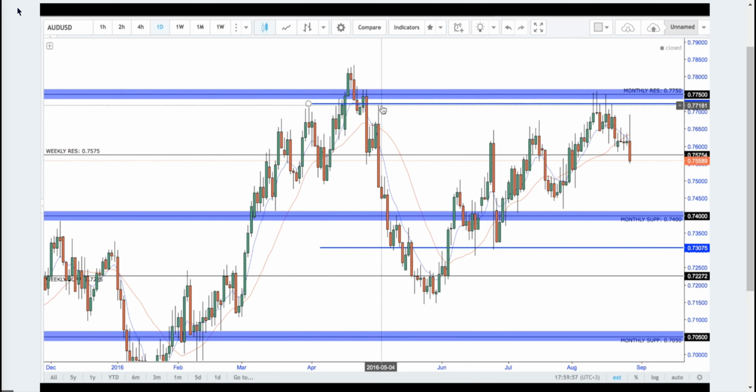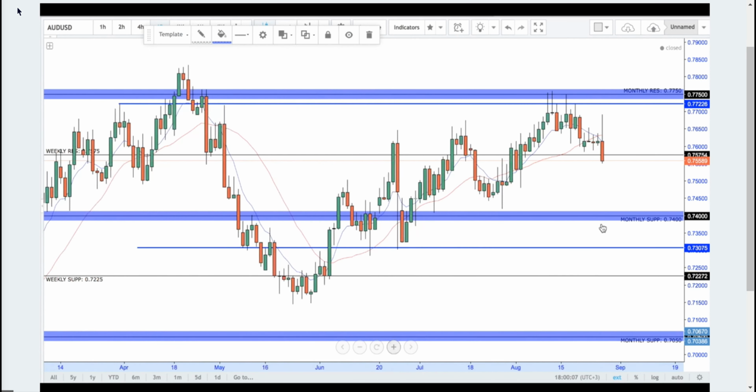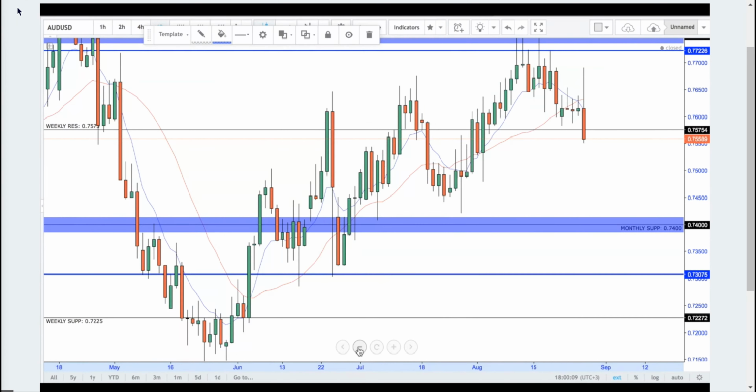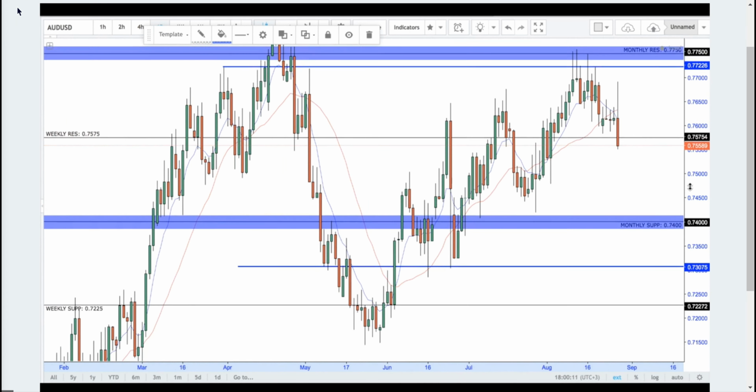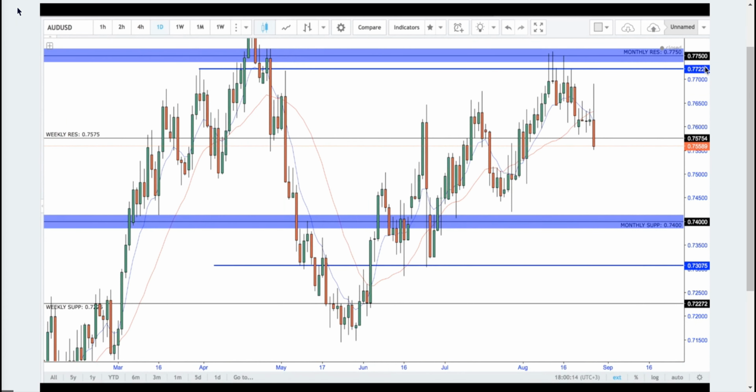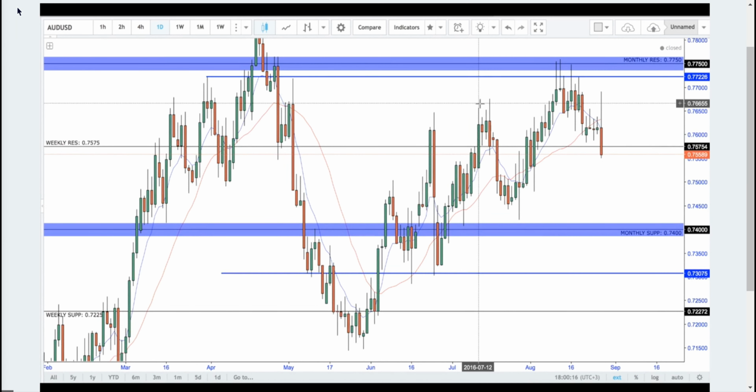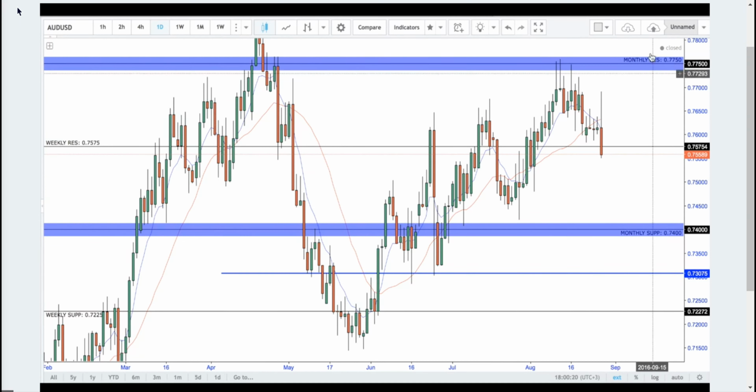Across here, we have an average. And then here 1, 2, 3, 4, 5. We can see these wicks, 1, 2, 3, 4, 5, which didn't actually bypass that level. But with this one, to be honest, we can keep it on there if we really want to. So that's 7722. Personally, I would take that off because it is relatively close to the monthly area of resistance.